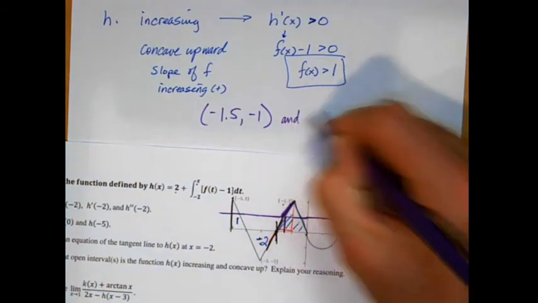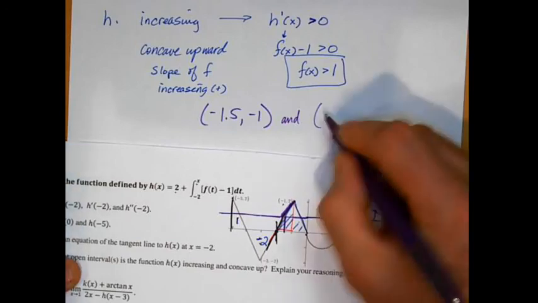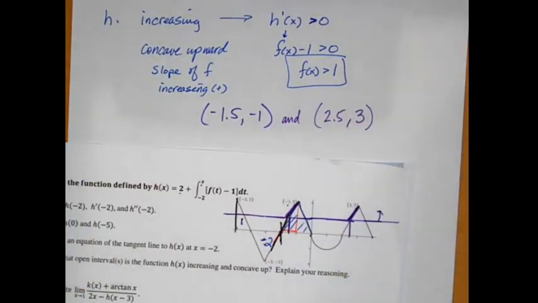And from, oh, there's another half, 2.5 to 3. Those are the values where that is increasing and concave upward.